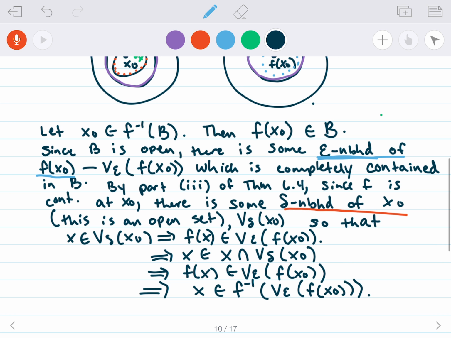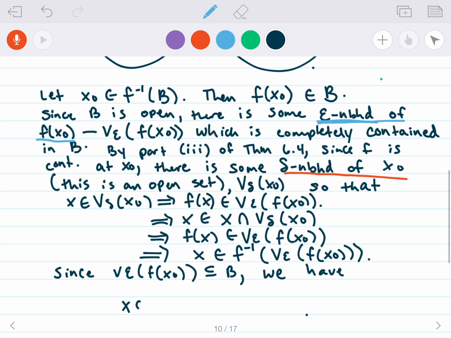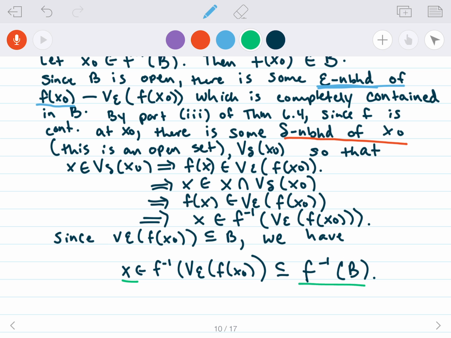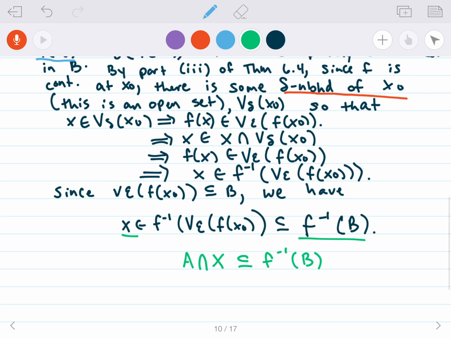Okay, so let's write this out. Since the epsilon neighborhood centered at f of x naught is completely contained in B, when we look in the pre-image, we have x in the pre-image of this neighborhood, and that's going to be completely contained in the pre-image of B. Okay, and therefore we have that our open set A is contained in the pre-image of B. And remember what A is in this case.